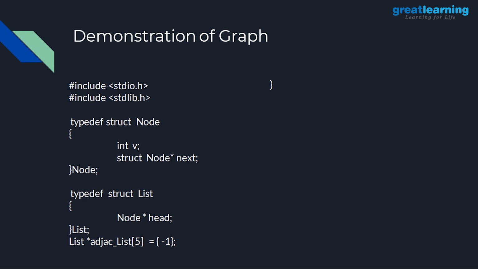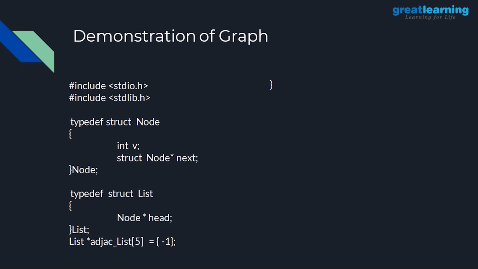If you want variable vertices, you can easily define a macro at the top and give it a name, such as number of nodes, and put that in place of 5. For simplicity, I have decided that I'm going to insert 5 elements, 5 lists, and I have defined the size of the array as 5.